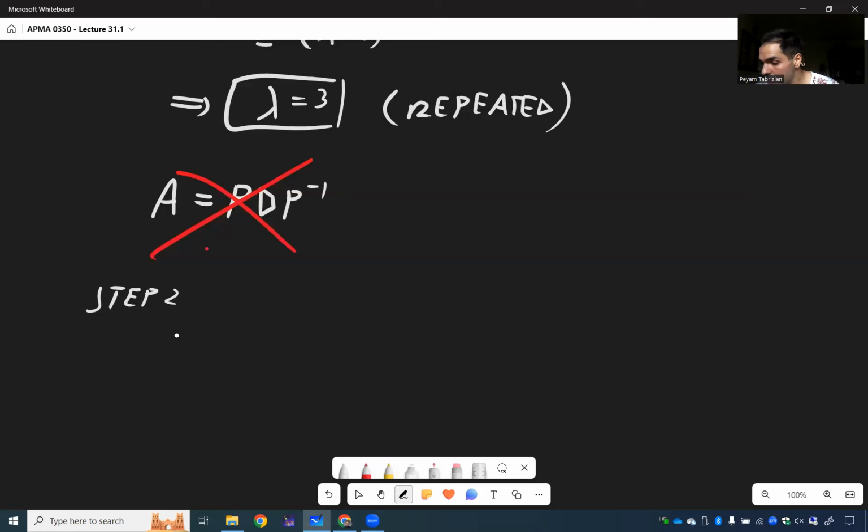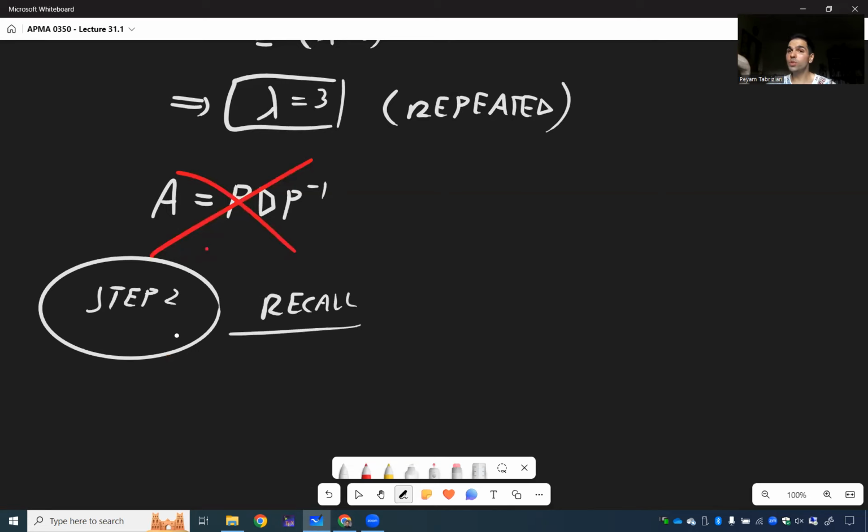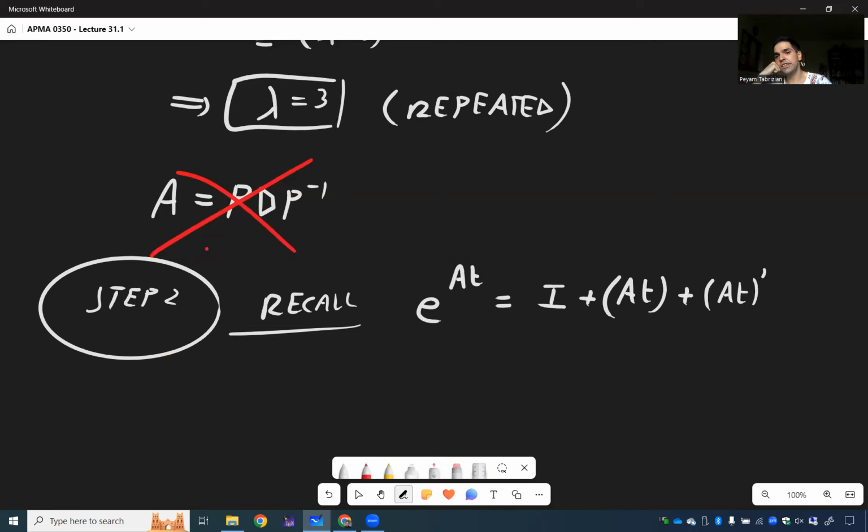So step 2. For this, I would just like to remind you, we're going to use the power series definition of the matrix exponential, which is I plus At plus (At) squared over 2 factorial plus dot, dot, dot. And the point is, usually this is an infinite series, but in this specific case, this infinite series just becomes a finite sum.